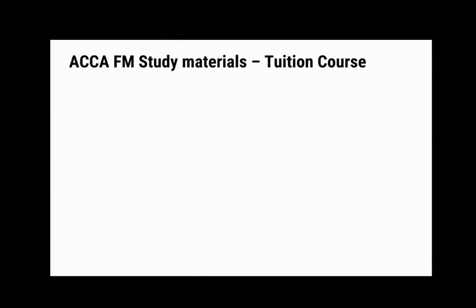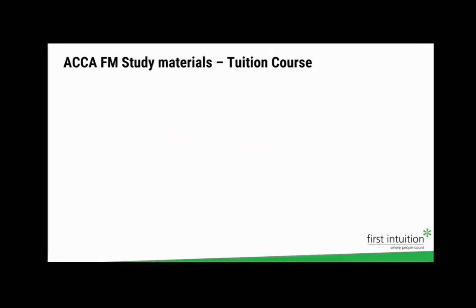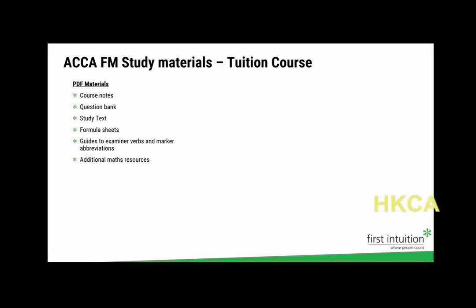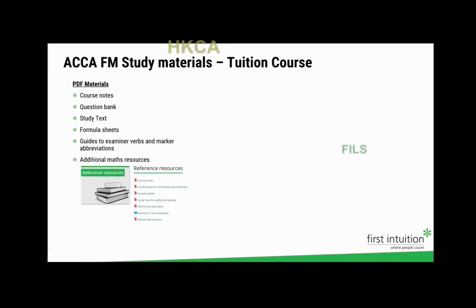Let's next talk about the various materials that you have available to you throughout your studies, and these break down into two categories. Firstly, you get PDF/hard copy materials to study from, and you'll see that the soft copies of these, the PDF copies, can be accessed via the reference resources section on FI Learn that then gives you individual files that you can click on.